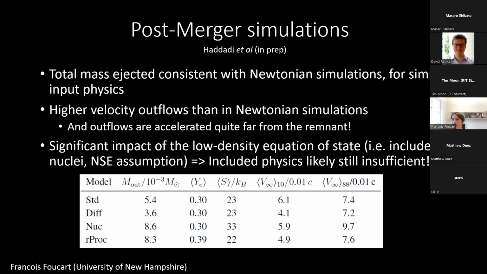But it's consistent with the kind of results that Rodrigo was getting, at least for the same physics, using Helmholtz equation of state and viscosity and nothing else. And so far these scalings with the disk compactness would still seem to work, but only one test. So it's hard to be sure of that.